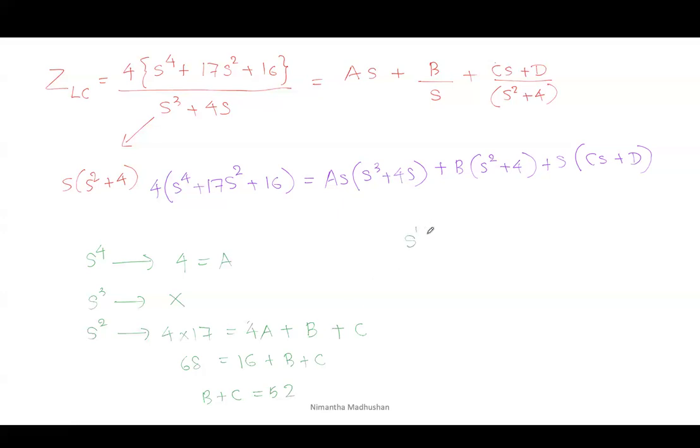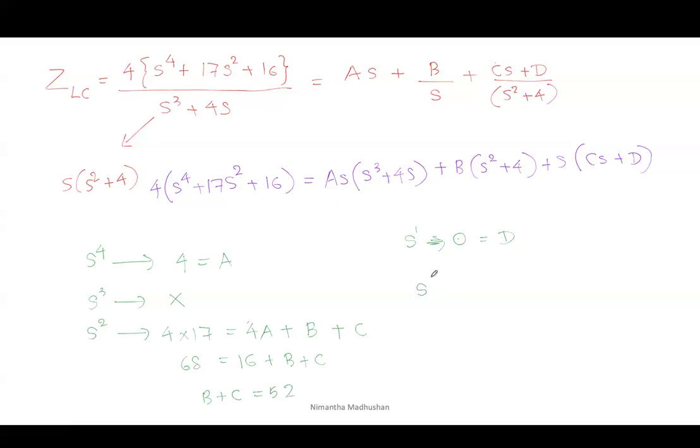Then I consider s to the power 1. From the left side, there is no value. From the right hand side, it is equal to D. The value of D is equal to 0.